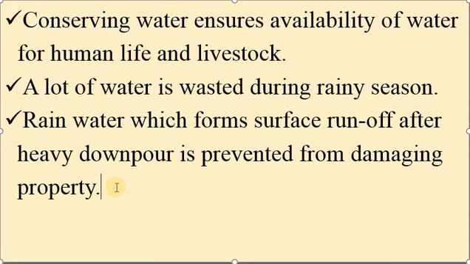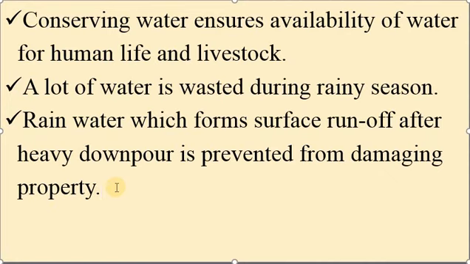One of the damages caused by surface runoff, we said it damages property. Things like our houses, farm structures, roads and farm stores and all that. They are damaged by what we call surface runoff.